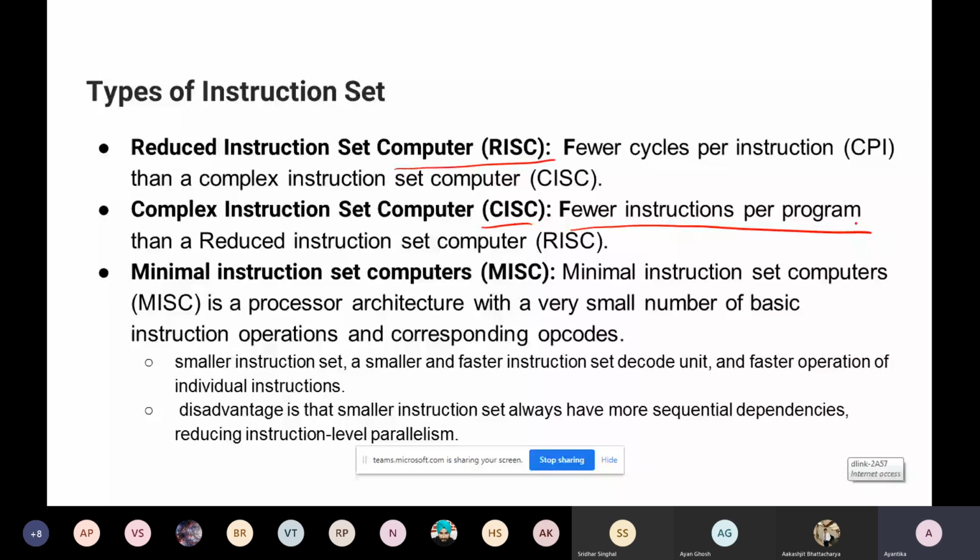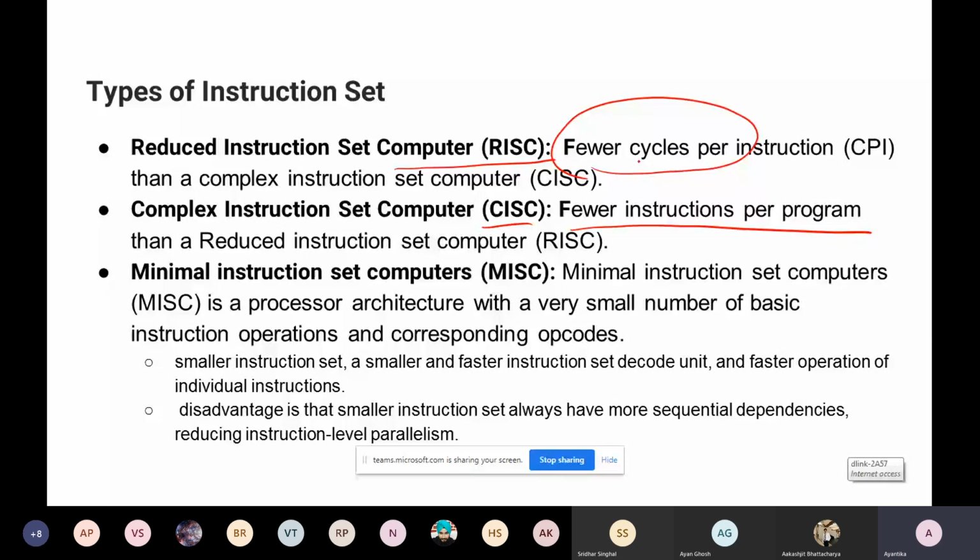Because in RISC, you can think that instructions are comparatively simpler. That's why it requires fewer cycles per instruction. I think you all know about machine cycles. So fewer cycles are required per instruction. This is the main idea between RISC and CISC. There are many other differences, we will come to them later. Just from the name, we can understand that.